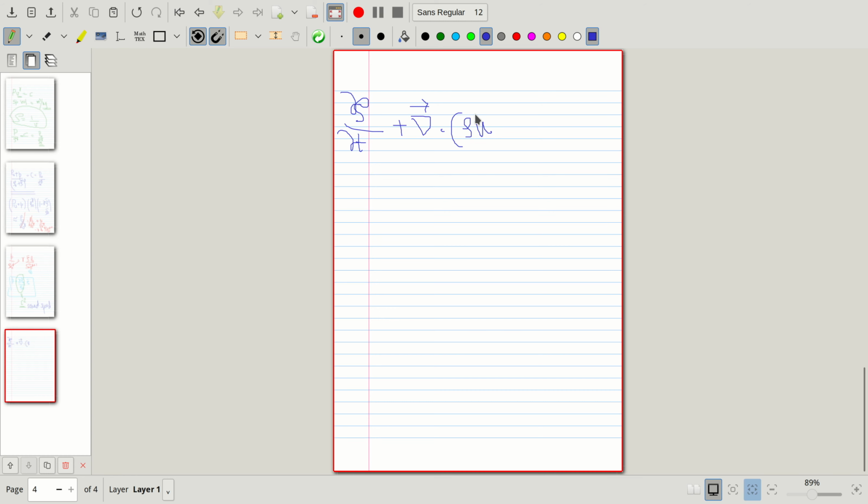If I now look at this equation, rho is going to be written as rho naught plus rho bar. You see that dou rho naught by dou t will be equal to 0, because rho naught is the mean density, so this doesn't change with time.